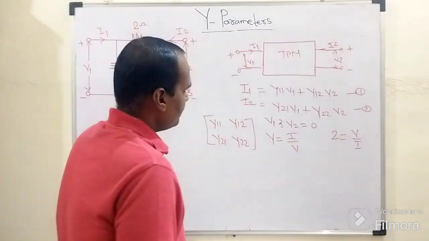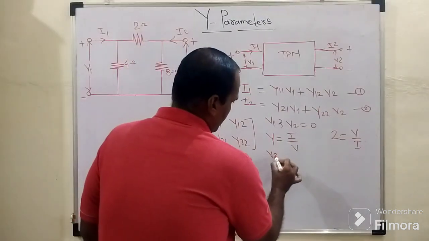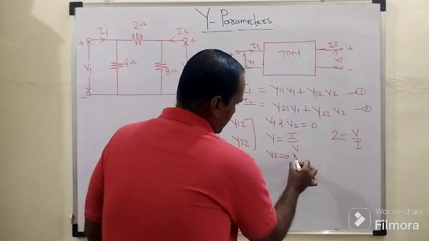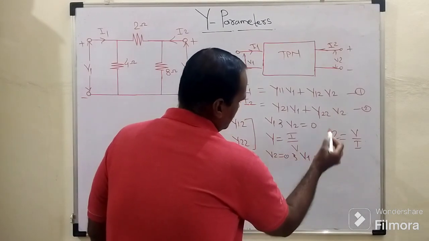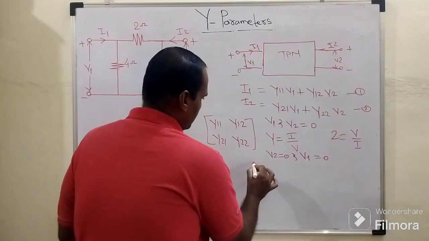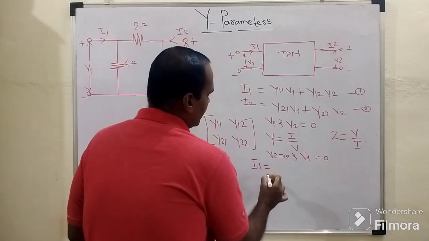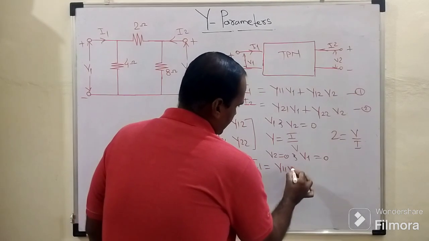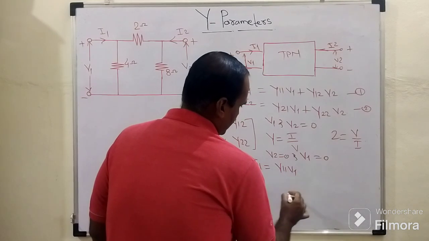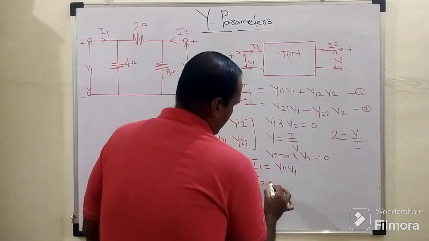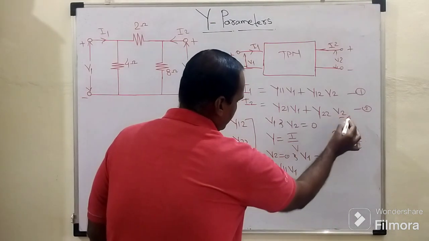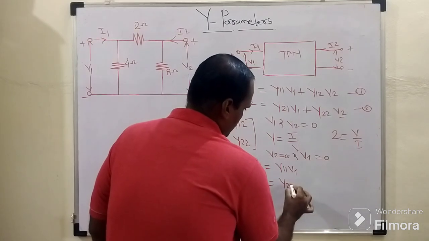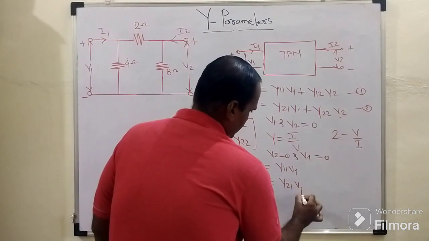So what will happen when we put V2 equals 0? Equation 1 becomes I1 equals Y11 times V1, and I2 becomes Y21 times V1.